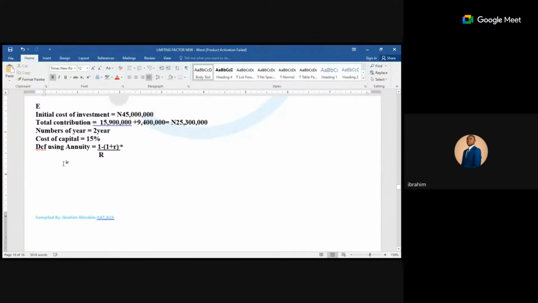Now, our r is 15%, which is 0.15. The number of years is 2 years. So what is the annuity factor from year 1 to year 2?